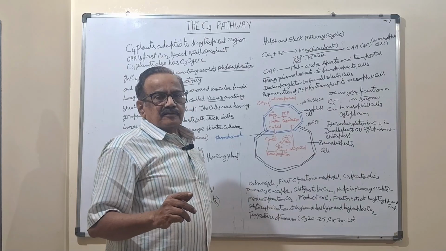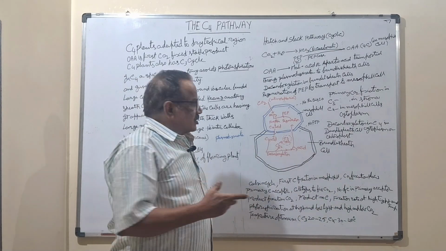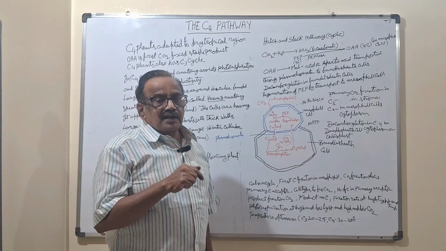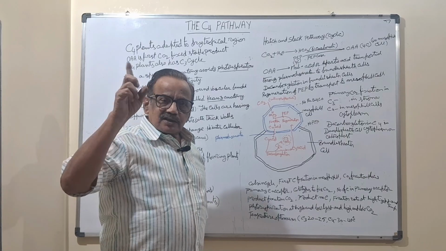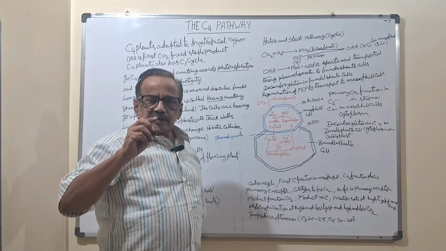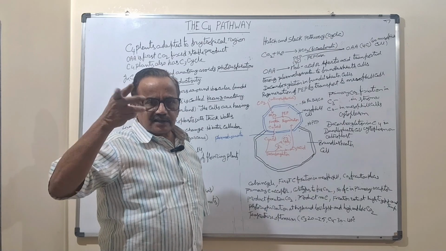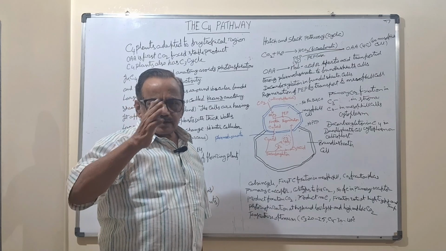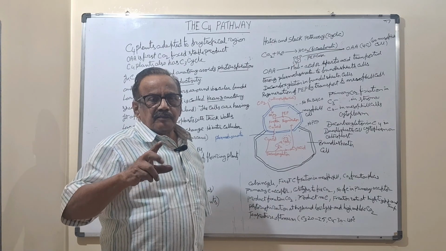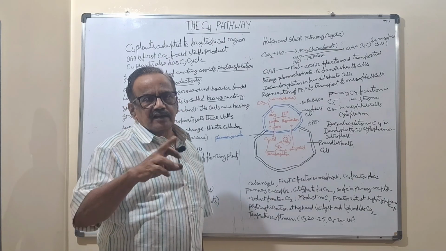This pyruvic acid will be transported into the mesophyll cells through the plasmodesmata. So what is important here? In glycolysis, you go and see, phosphoenol pyruvate will become pyruvic acid. That is, PEP will become pyruvic acid by giving out the phosphate, giving one ATP.